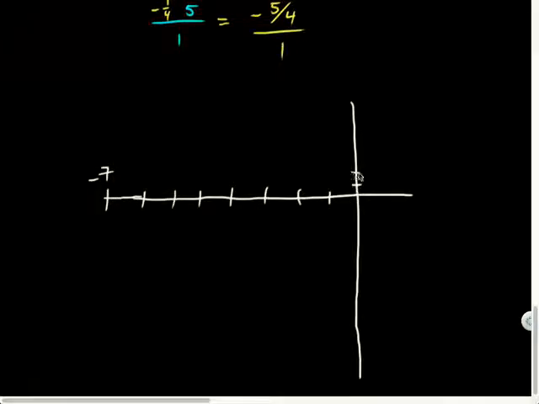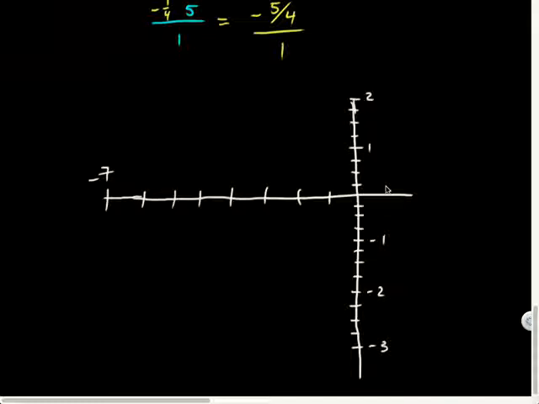So I'm going to go 1, 2, 3, 4, 1. 1, 2, 3, 4, 2. I think that's as high as I have to go. 1, 2, 3, 4, negative 1. 1, 2, 3, 4, negative 2. 2, 3, 4, negative 3. And so forth, right? So let's talk about graphing this.